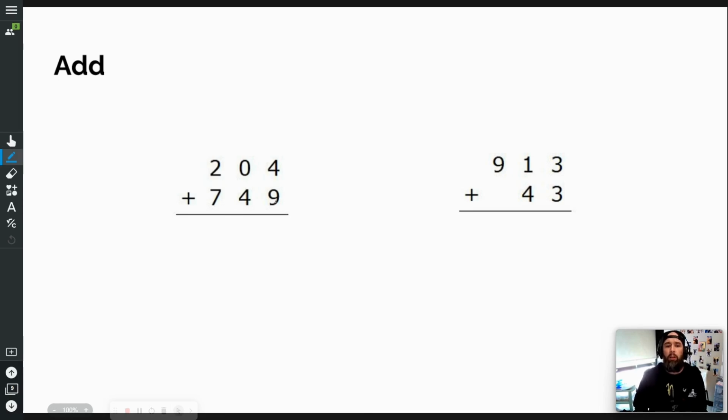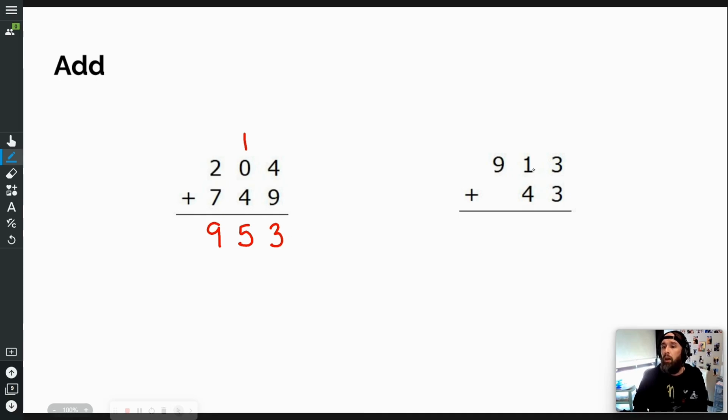204 plus 749. Go all the way to the right. 4 plus 9 is 13. So that's 1, 3. Write out your 3, carry the 1. 1 plus 0 is 1, and 1 plus 4 is 5. 2 plus 7 is 9, so 204 plus 749 is 953.